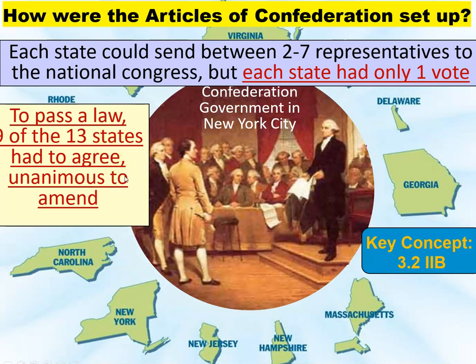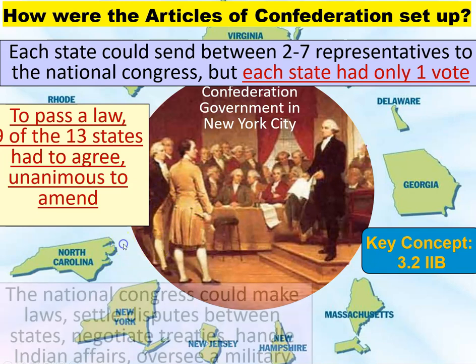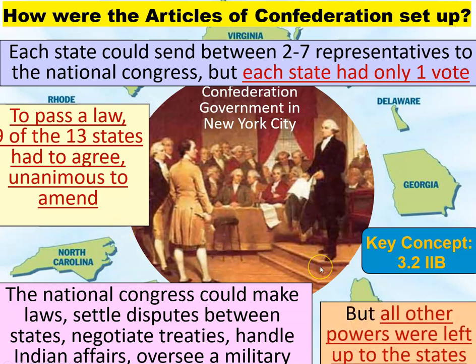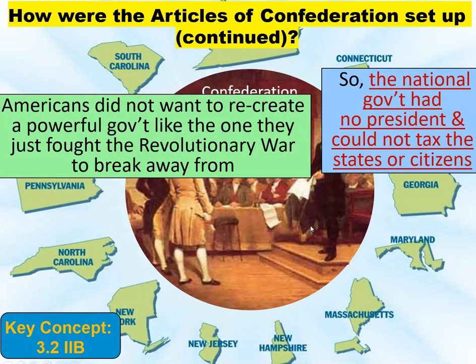The national government was supposed to settle disputes between states, which they really didn't. They had to negotiate treaties, which they did not, handle Indian affairs, and oversee a military, which never came together. All other powers, basically everything else, were left up to the states, and it was. The states were extremely powerful.